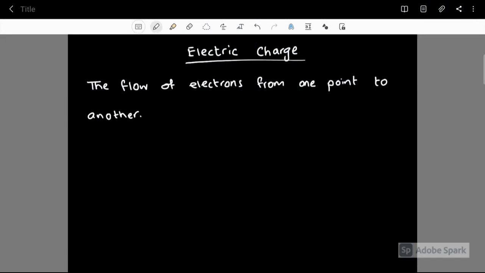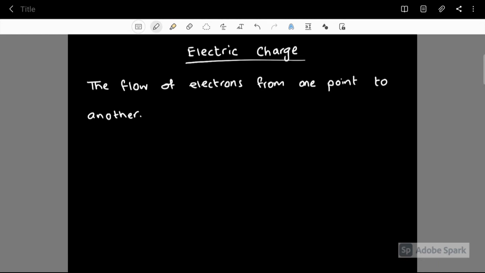Electric charge is the flow of electrons from one point to another. Now, this terminology is not to be confused with charge, which was, as you remember, just a particle with a negative or positive polarity.